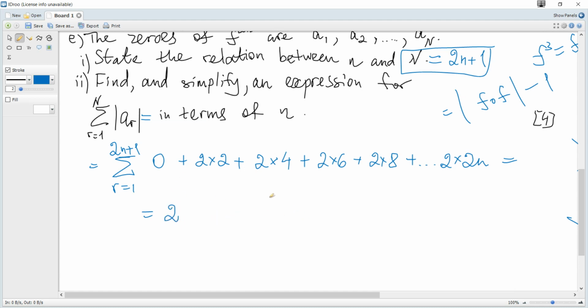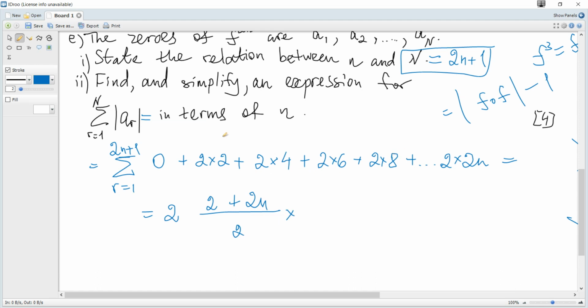Let's factor out: the first term will be 2, and the last term will be 2n, and using the formula from the data booklet, the sum of the first n terms of the arithmetic sequence is the first term plus the last, so it's 2 plus 2n divided by 2 and multiplied by the number of items.